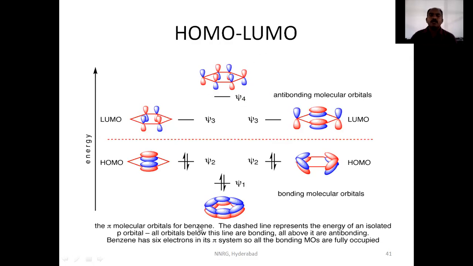When you see all 6 structures, first psi 1 is the most stable molecular orbital, psi 2 and psi 3 are the second most stable molecular orbitals called HOMO, and psi 4 and psi 5 are the third molecular orbitals, that is LUMO, and psi 6 is the unstable, anti-bonding molecular orbital.